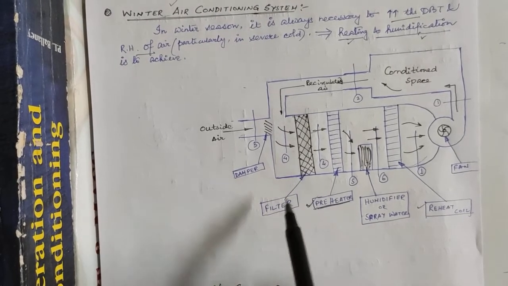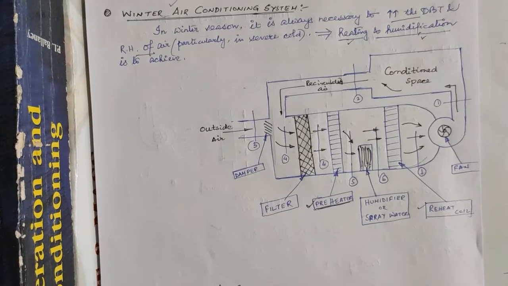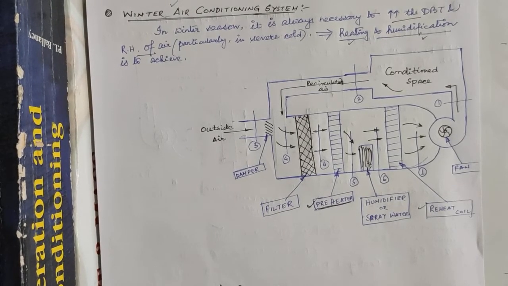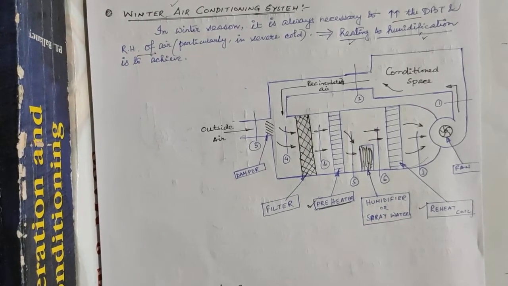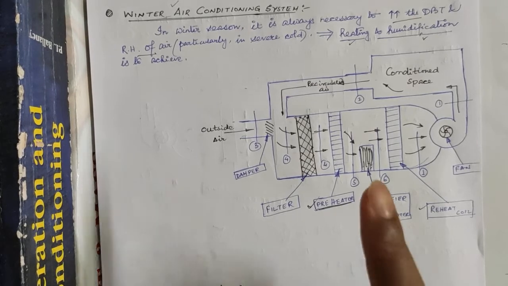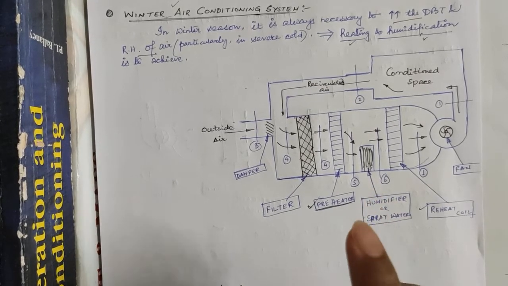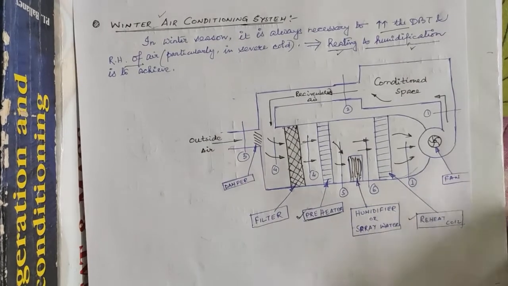To prevent that freezing, we have to use this preheat coil. When the mixture passes through the preheat coil, its temperature rises to a certain degree. That will prevent the possible freezing, and it will also control the evaporation of moisture or water vapor present in the air.